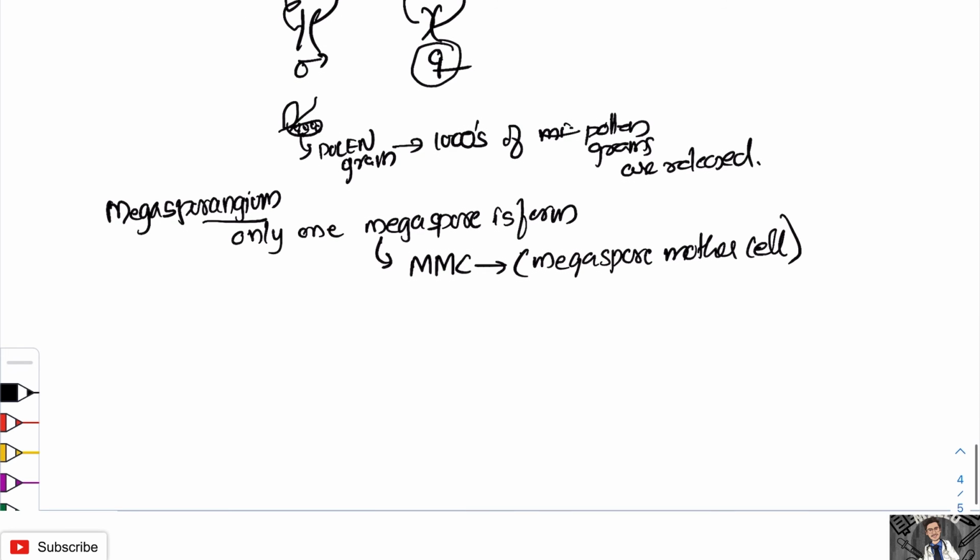So what happens over here? For example, let's consider this as the megasporangium. So what happens within the megasporangium? We have several cells over here, and all of them are haploid or diploid?